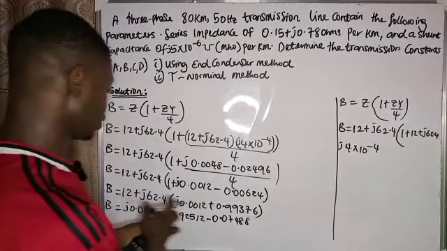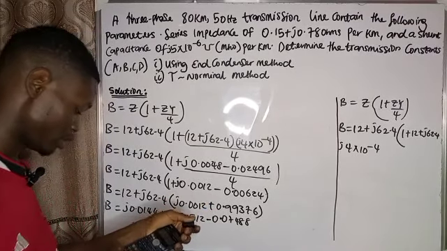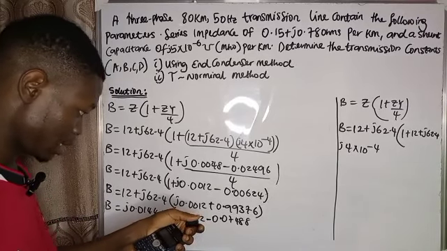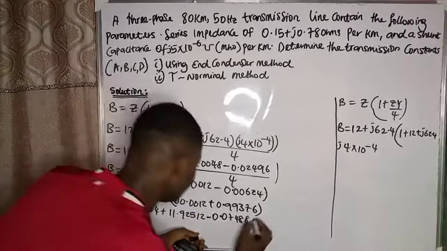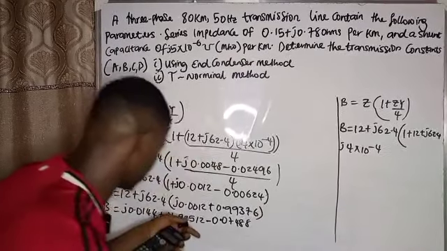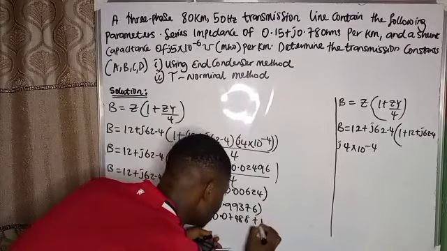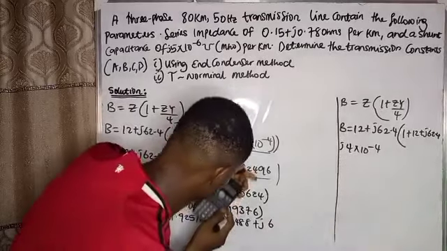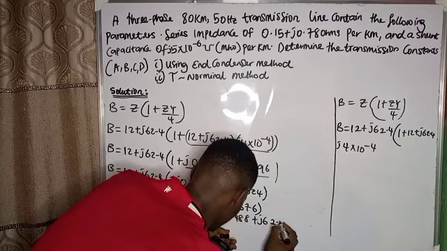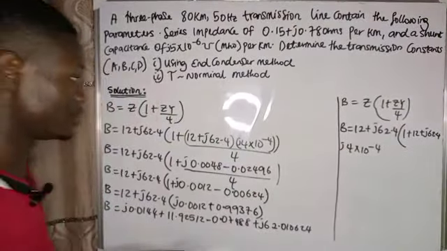Now 62.4 times 0.99376 will give me plus j62.010624. So this is what I'm having.